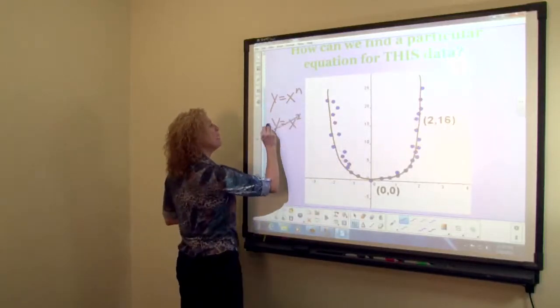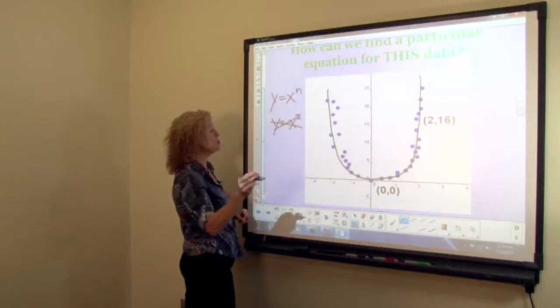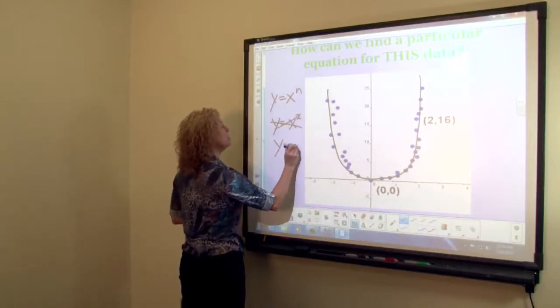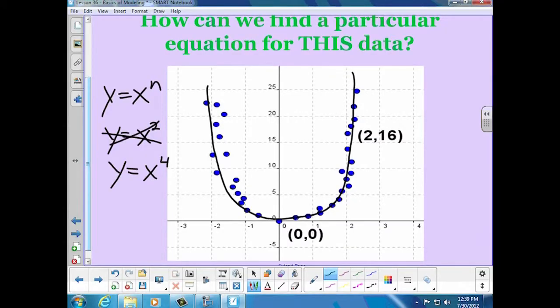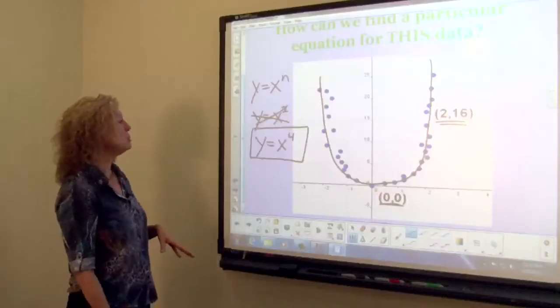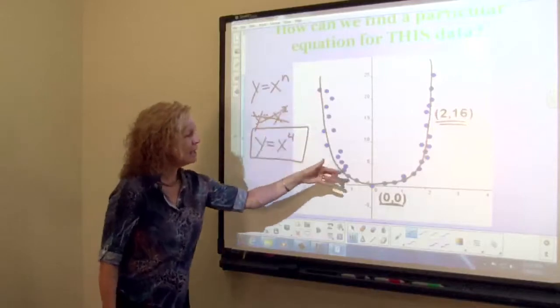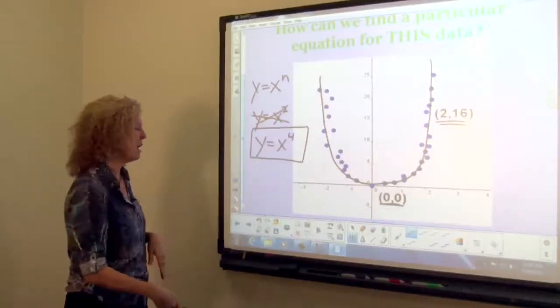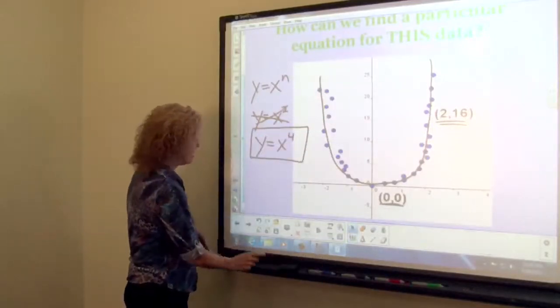There are other ways I could adjust for that, but what if I do this? 2 raised to the 4th power is 16. So this is a possibility just based upon the basic shape and these two values on the graph. If you wanted to test and see if that's good, you could check out some of the other values, see how well they work. All right?